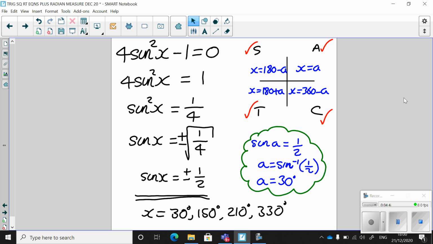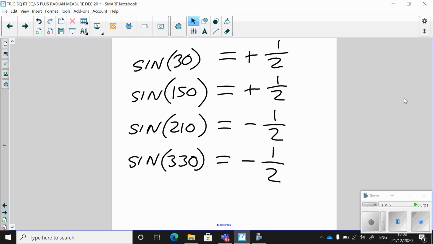Okay, and if you're unsure, you can always take them and file them into your calculator: 30, 150, 210, 330, and your answers should be positive or negative a half, and it just shows you they are there.